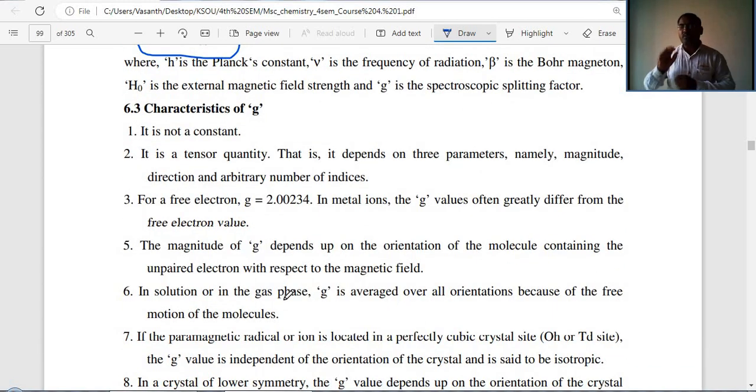Generally asked in the 2 mark questions: what are the characteristics of g or splitting factor?